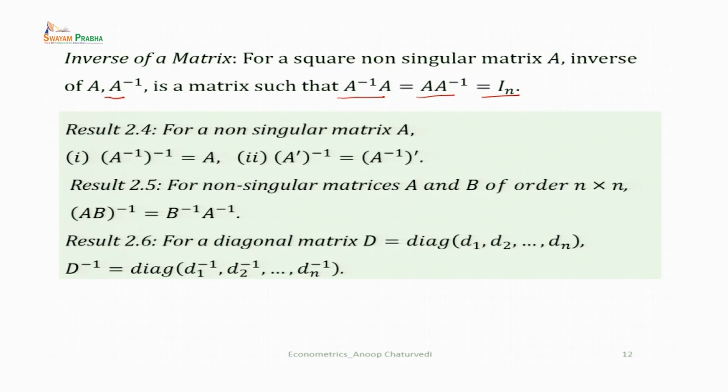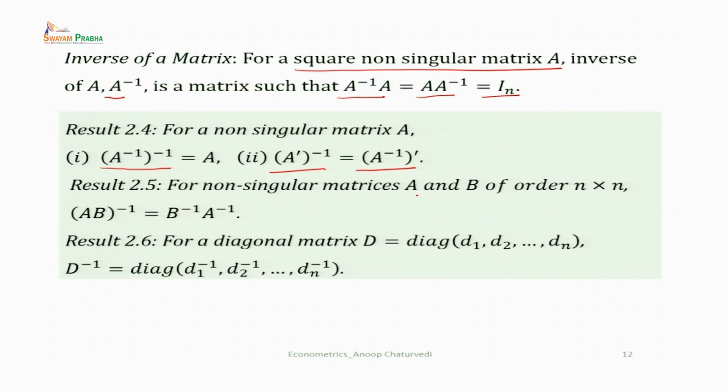Of course, you can define inverse of a matrix only for square non-singular matrices. Again, for a non-singular matrix A, if you take inverse of A inverse, then it is equal to A itself, and if you take inverse of A transpose, then inverse of A transpose is equal to A inverse transpose.